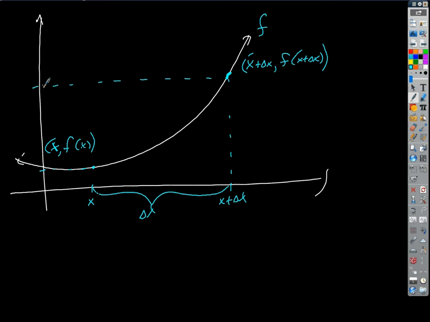And if I want to calculate an average rate of change, how does that relate to these two points right here? Rate of change just sounds like a slope, right? Rate of change can always be represented as a slope. So the slope of what?